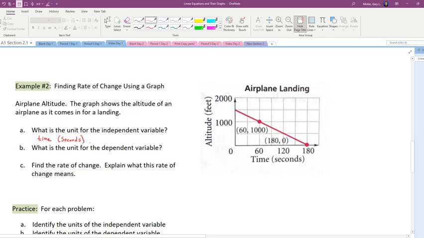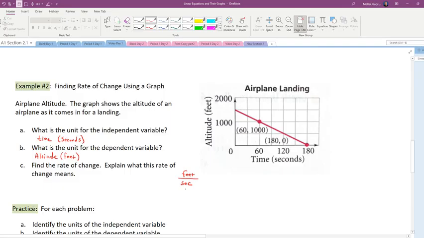And then the dependent variable is the altitude, and specifically it is in feet. So when we look at the change in our dependent, that's going to be change in feet over change in seconds. So the unit for this is going to be feet per second.